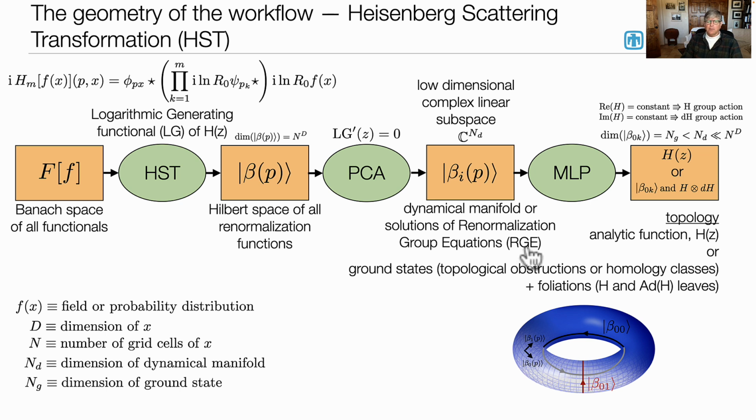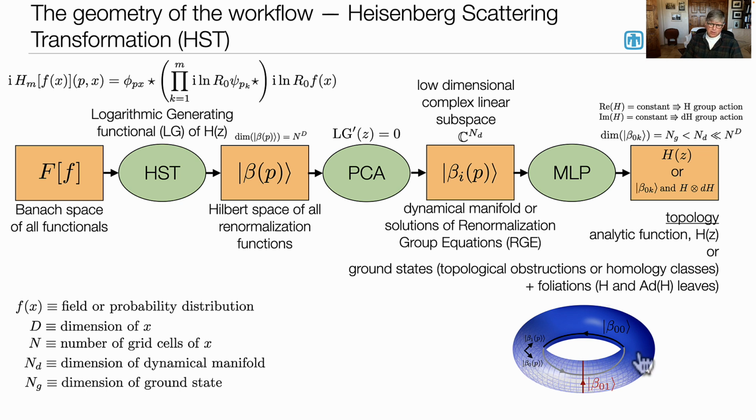Then the topology, or the complex Hamiltonian, is found by the multi-layer perceptron. In this case, we do have dissipative motion, and so that will relax down to the ground states, or equivalence classes of it.